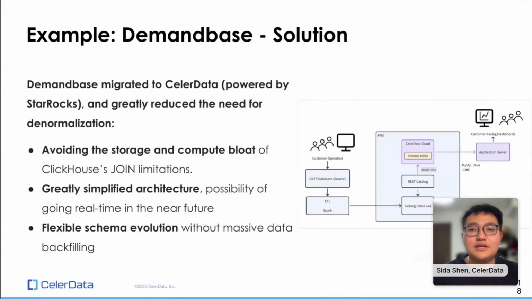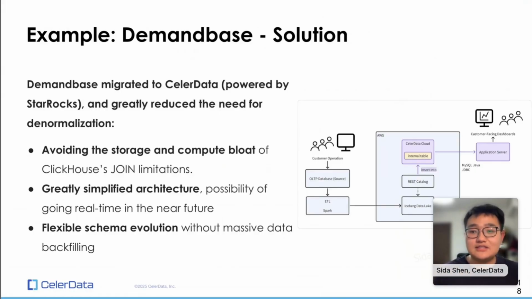So the solution is basically they migrated to CelerData, powered by StarRocks, and they greatly reduced the need for denormalization, right? Because there's no more denormalization, they were able to avoid most of the storage bloat of maintaining those denormalization pipelines and flat tables, right?